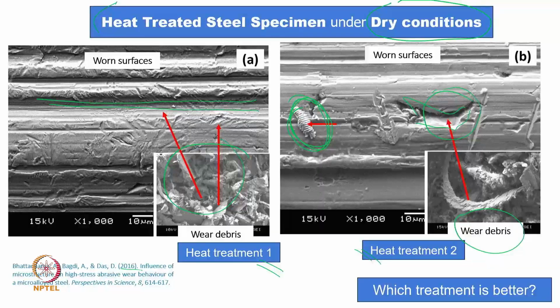If I had to compare overall, I would say both are bad, and we should think about a slightly different kind of heat treatment which can really give good results and longer life. Because of observing this kind of debris, we say the longest debris is from the specimen related to heat treatment 1. So, that is on the worse side compared to heat treatment 2.